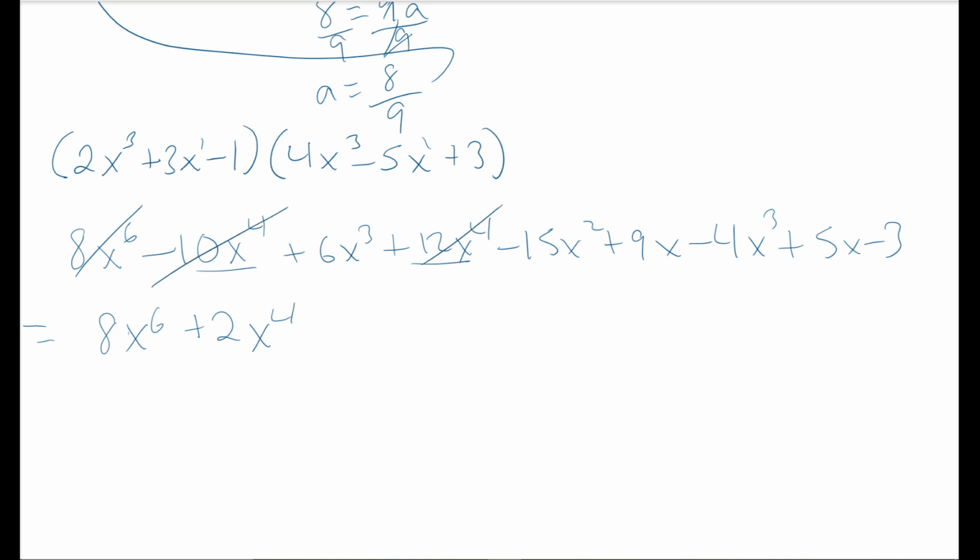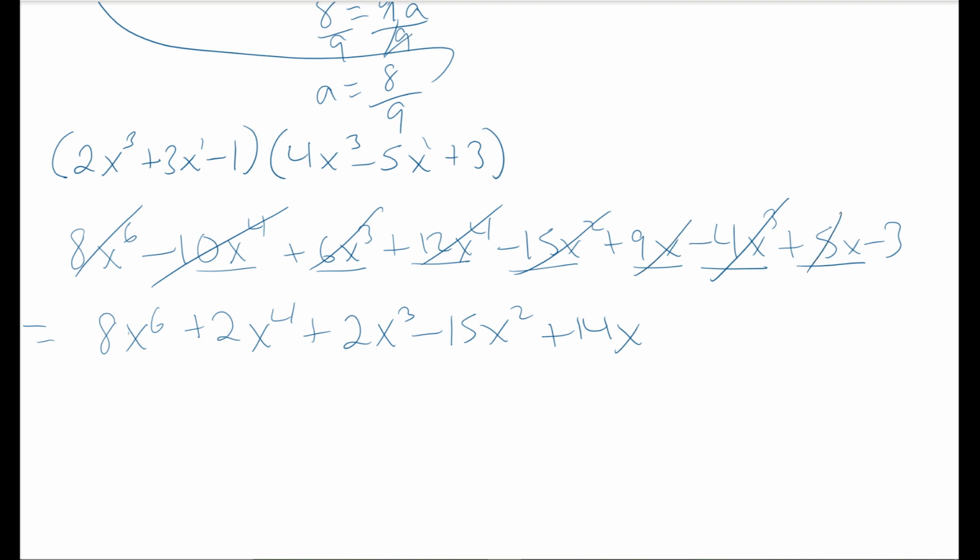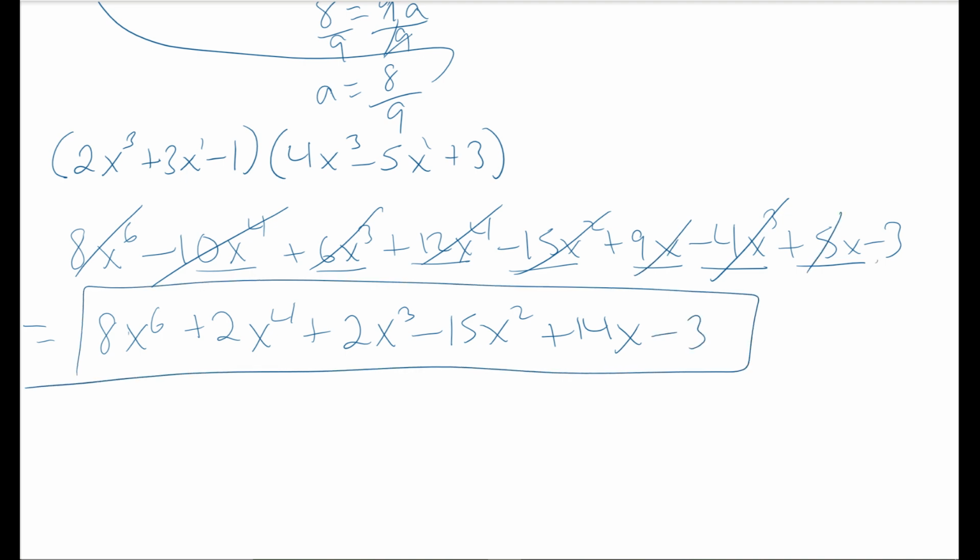So that's done. We have 6x cubed and negative 4x cubed. That's going to be a positive 2x cubed. So those are done. We don't have any negative 15x squared, so bring that down. That's done. We have a 9x and a 5x, which is 14x. So that's done. And then we have a negative 3. Bring that down. And that's your polynomial.